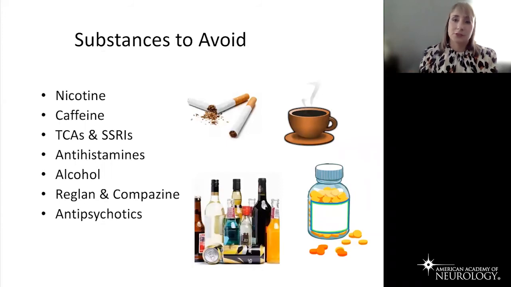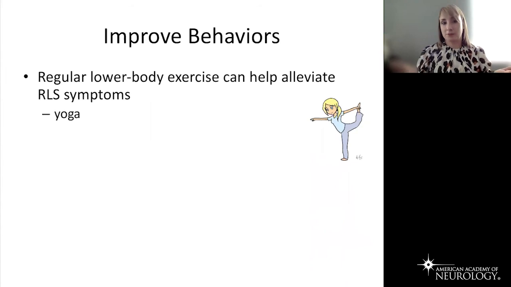So if you ever have a patient that's admitted and they're given Reglan or Compazine, and they start having worse RLS, always look at the medication. A lot of the SSRIs and TCAs can definitely exacerbate RLS. So it's really just taking those medications off, and we can make recommendations to optimize that, because sometimes patients do need to be on an SSRI.